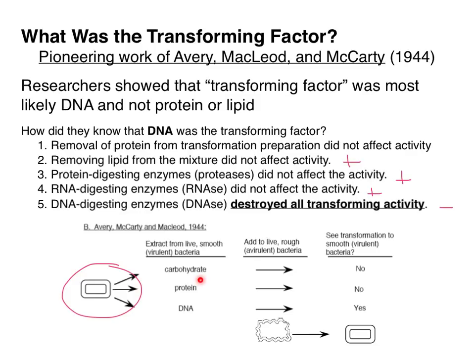This was added to the living rough cells to test if the carbohydrate by itself was capable of transforming the rough cells into smooth cells. And as we can see here, that didn't happen. So go through these other two possibilities just to make sure that you understand what Avery, McLeod, and McCarty did to demonstrate that protein was not the transforming factor, but DNA was.